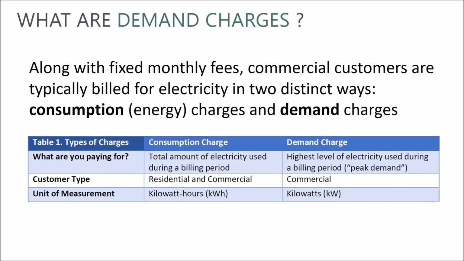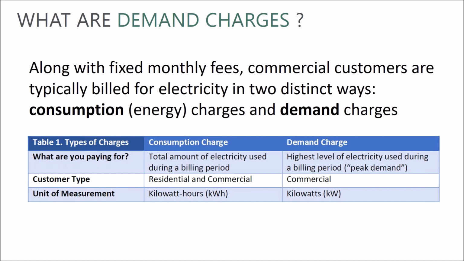So what are they exactly? As I said, demand charges are different than energy or consumption charges. They really are based on the rate that you use electricity. Whereas your energy consumption charge tracks the amount of kilowatt hours you use over a month, the demand charge tracks the highest rate of use over that month. So the more devices, the more power intensive things you're using at the same time, the higher your demand is going to be.